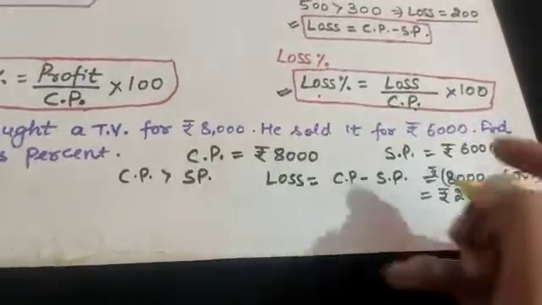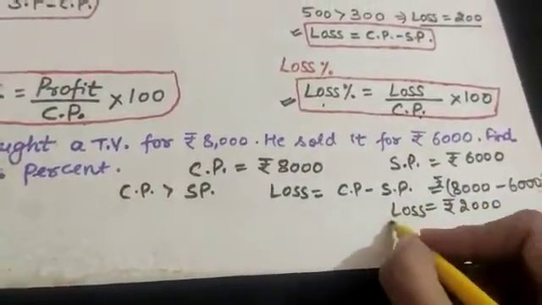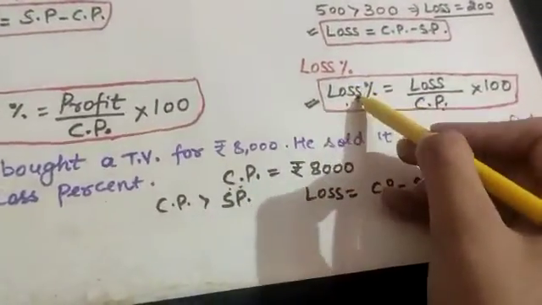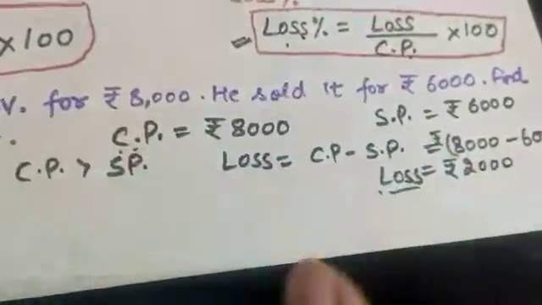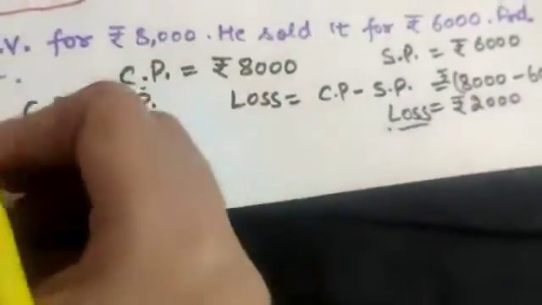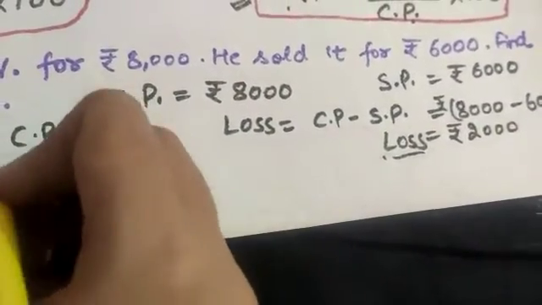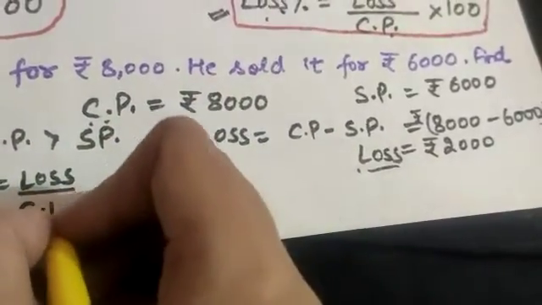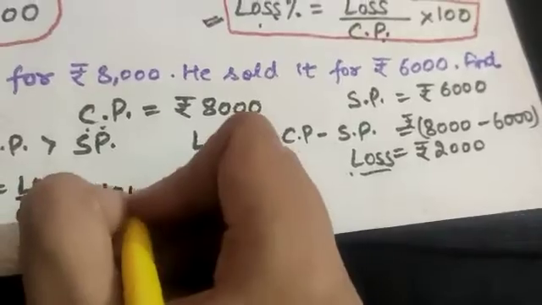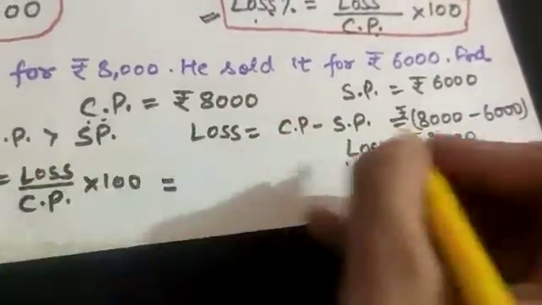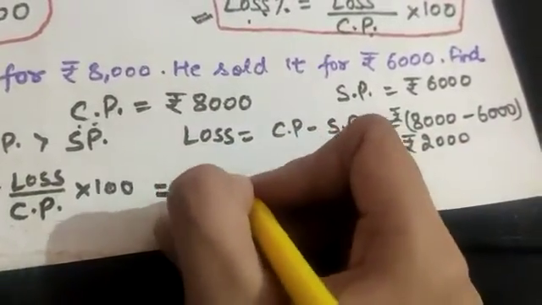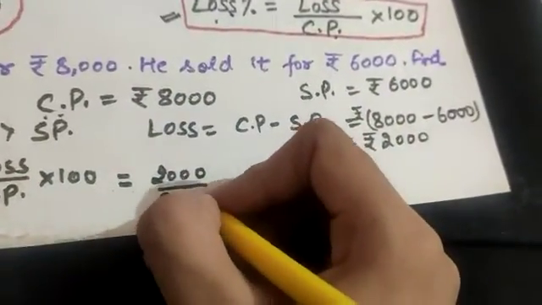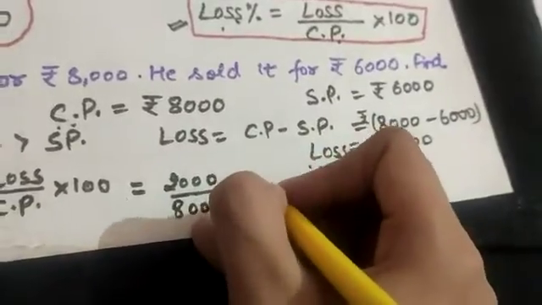So we have found out the loss, that is 2,000 rupees. We have also found out the CP. So we will put it in the formula and calculate the loss percent. First write down the formula: loss percent is equal to loss divided by CP multiplied by 100. Now just put in the values. Loss is equal to 2,000, CP is equal to 8,000, and multiply by 100.